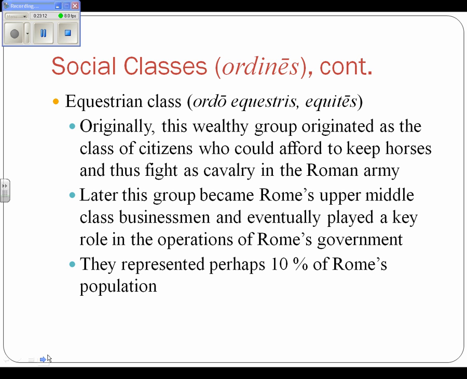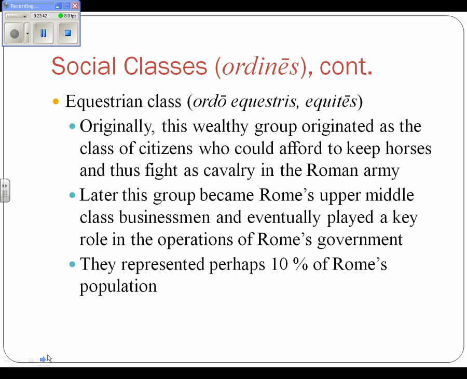And in origin, the Equestrian Order served as Rome's cavalry. They were men who were wealthy enough to afford to raise and keep a horse, to train it for use in combat, and to fight upon that horse when Rome was at war. Okay. So the origin of the social class has to do with a military need that these wealthy people filled.